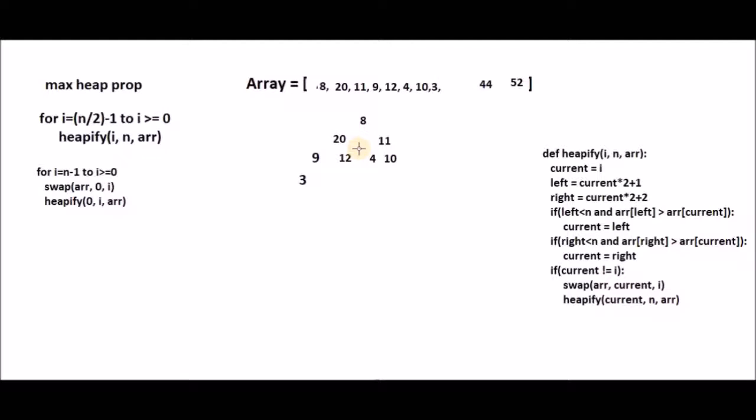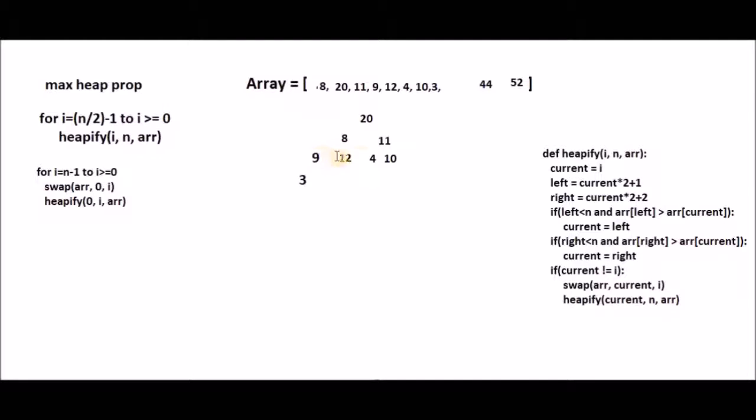So now my next one is going to be 3. So the size is 3. I start from 0 again. So I start with 8. Again, which one is bigger? 20 is bigger. So I swap them. So I have this and I have 8 over here. Then I check at 8, I see which one is bigger.